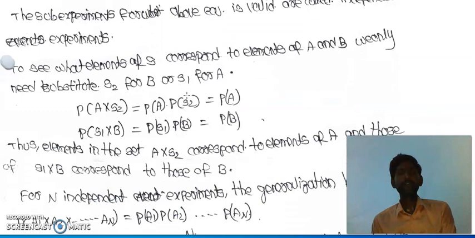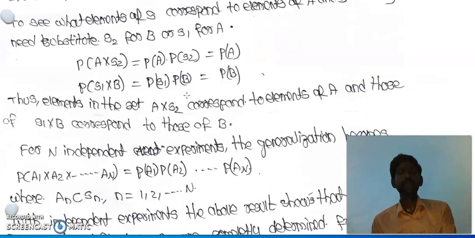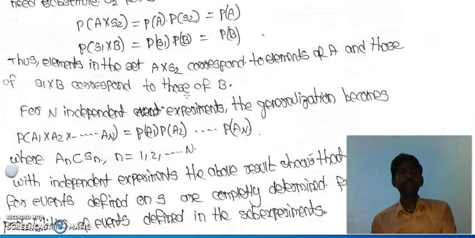To see what elements of S correspond to the elements of A and B, we only need to substitute S2 for B or S1 for A. So P of A cross S2 equals P of A times P of S2, which is equal to P of A. P of S1 cross B equals P of S1 times P of B, which equals P of B. Thus, the elements in the set A cross S2 correspond to the elements of A, and those of S1 cross B correspond to those of B.